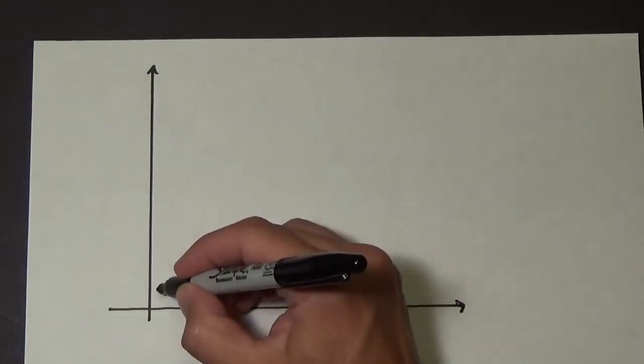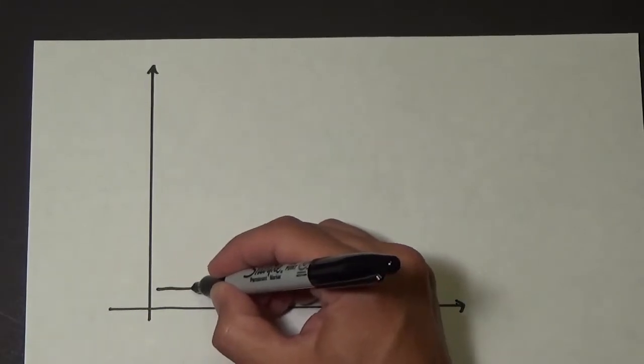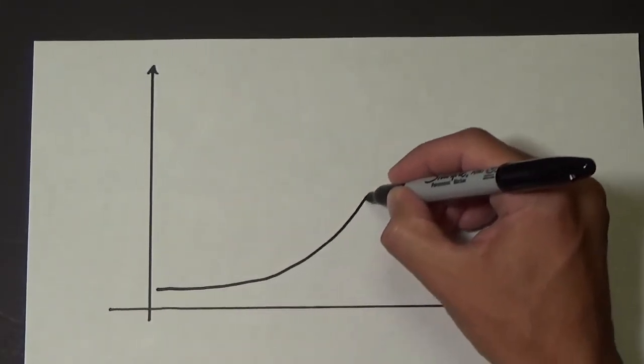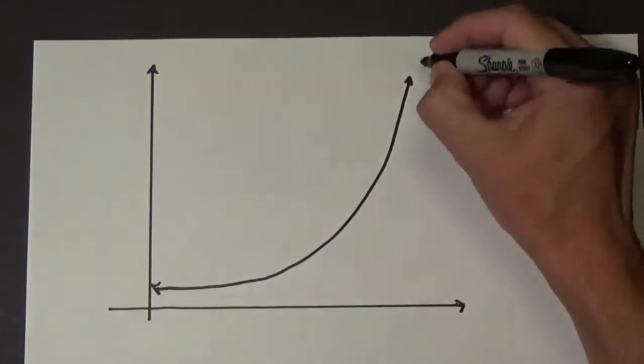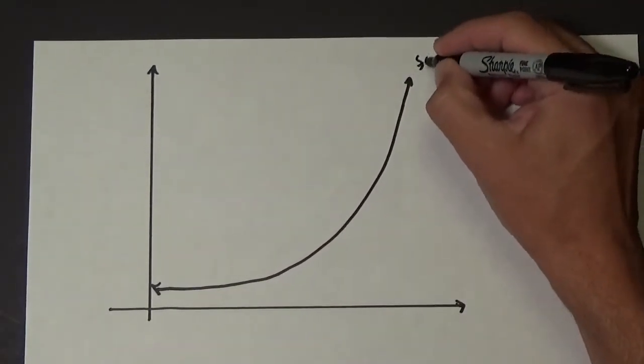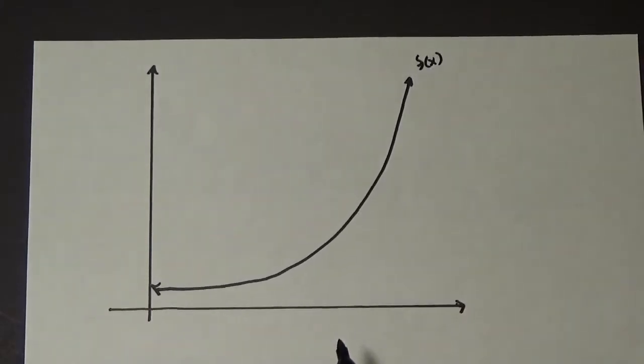And we're just going to look at some curve here. I'm going to make this one easy just for development of this concept. And this curve is f of x.